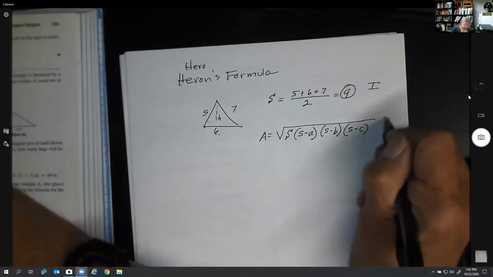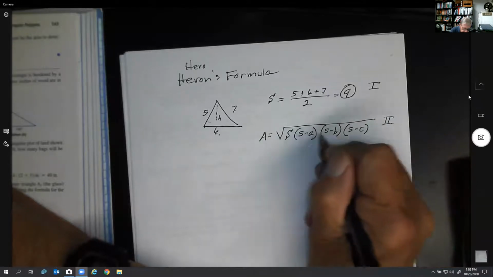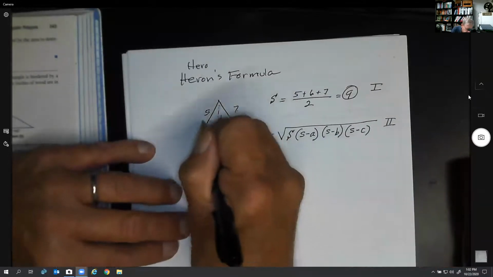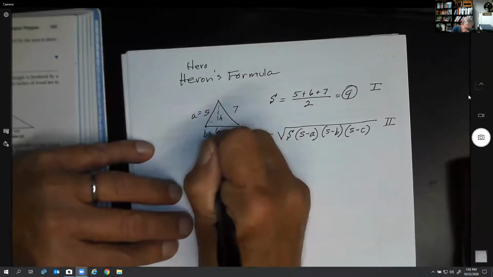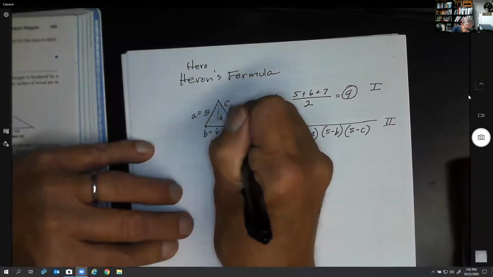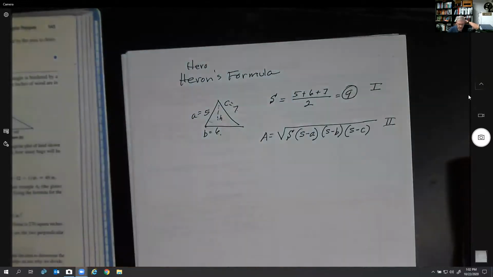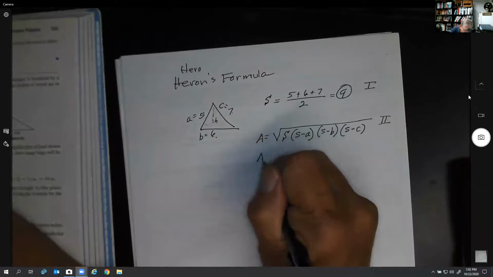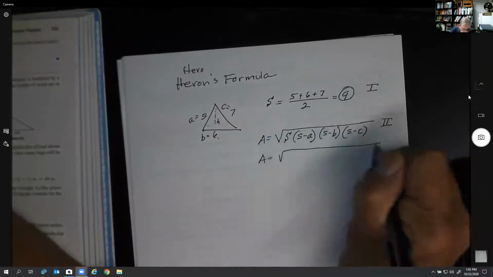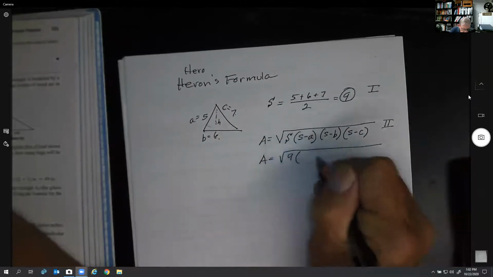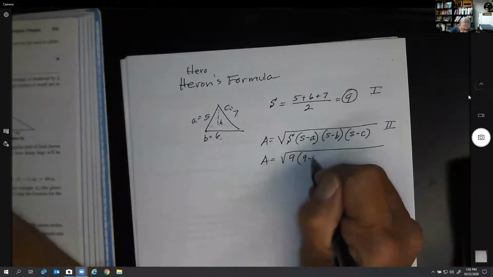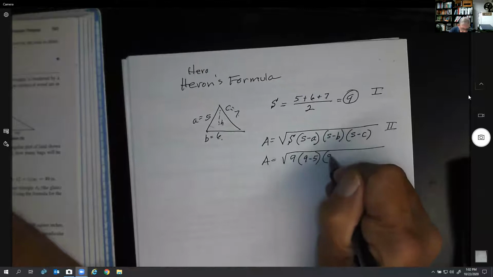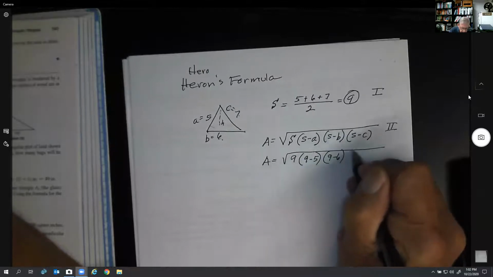Part 2, you use this formula, S minus A. So let's call this side A. Let's call this side B. We'll call this side C because it's the biggest number, but it's not really the hypotenuse because this is not a right triangle. So area equals the square root of 9 times 9 minus A, 9 minus B, 9 minus C.